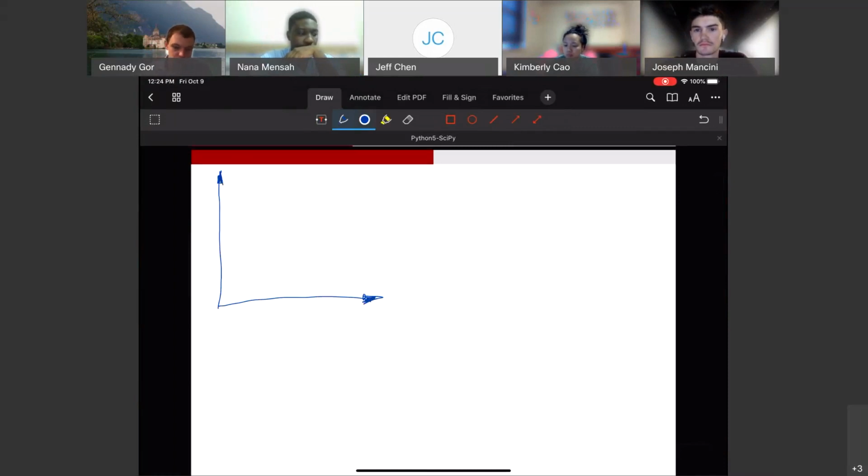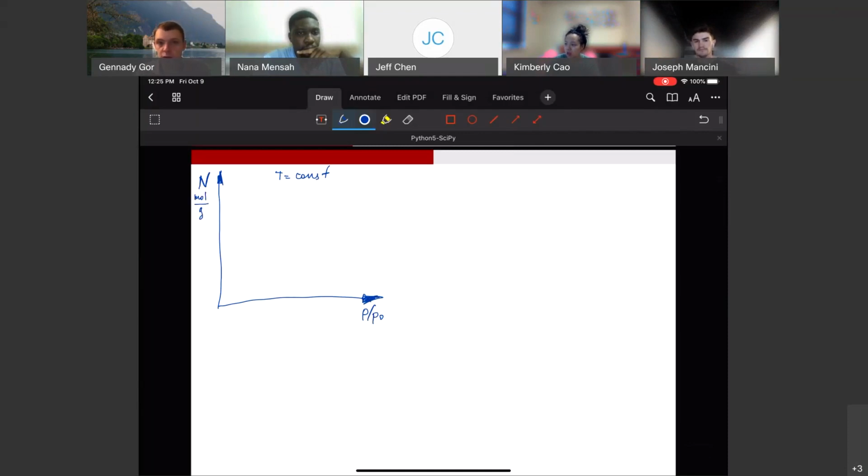The adsorption isotherm, meaning temperature constant, is the amount adsorbed, typically in moles per gram, as a function of pressure or relative pressure if we're adsorbing gas at subcritical conditions.